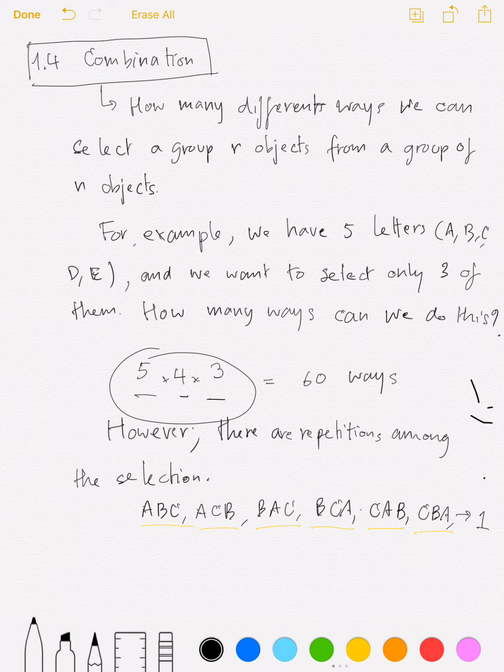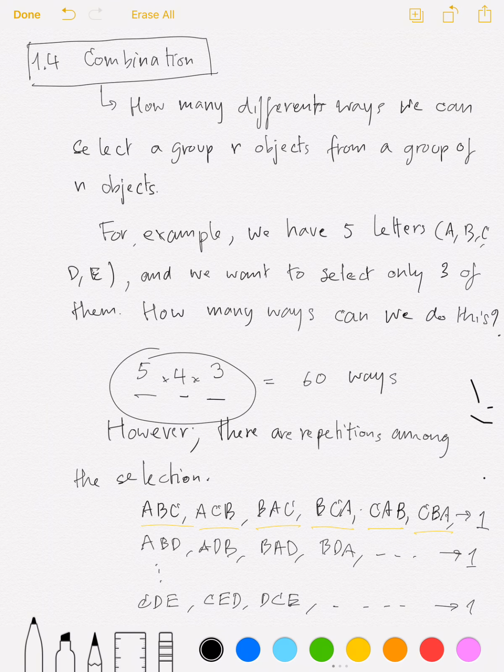The same thing applies to other selections: ABD, ADB, BAD, BDA, and so on count as one. If we keep doing this until the last combination, C, D, E, then C, E, D, D, C, E, and so on count as one as well.